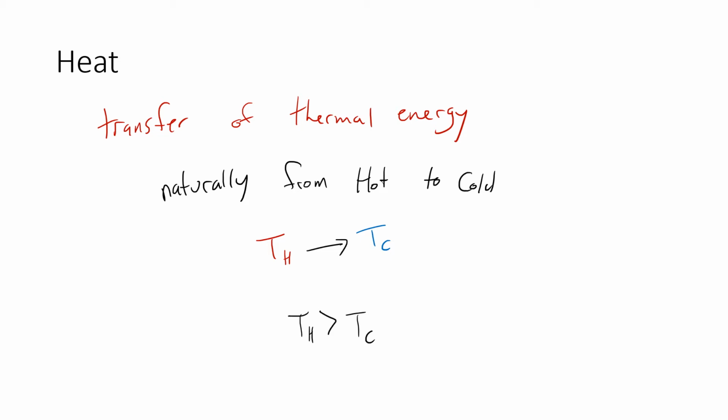So for example, if we have a very large block of ice right here, so here's some ice, and we drop a very hot penny on this. So here's our penny. So this is going to be hot. And our ice is going to be, well, cold.